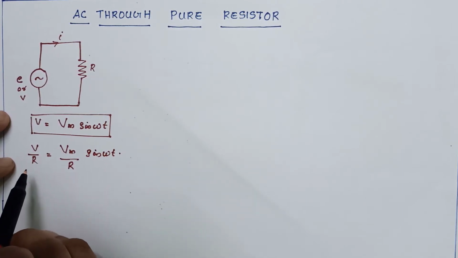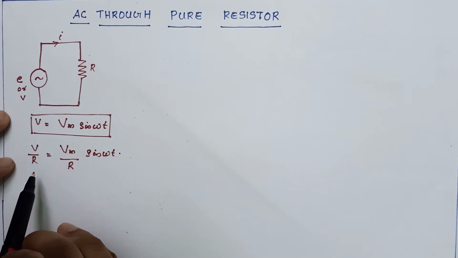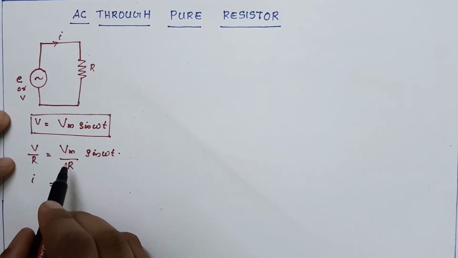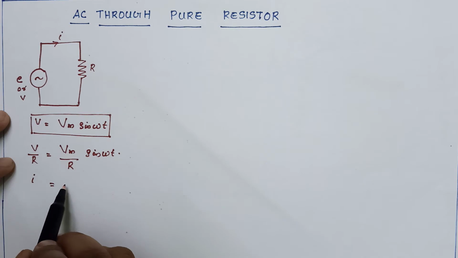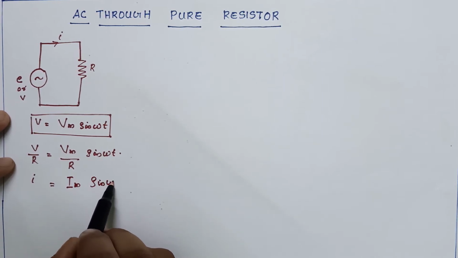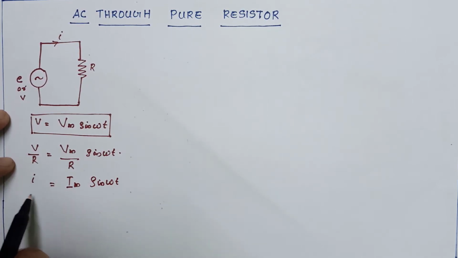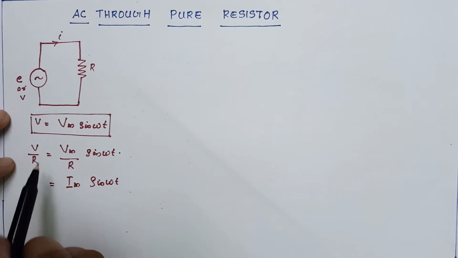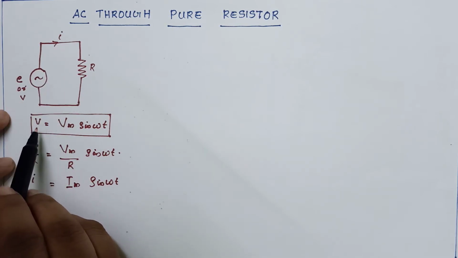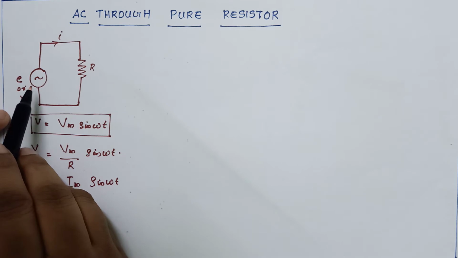Dividing by R on both sides, v by R is i, and Vm by R will be Im, so i equals Im sin omega t. So Im sin omega t will be the value of current that is flowing through this circuit when the voltage v is supplied by this AC source.